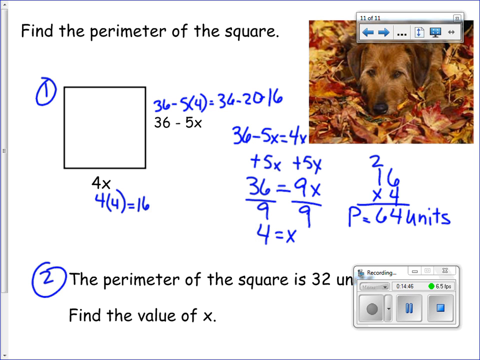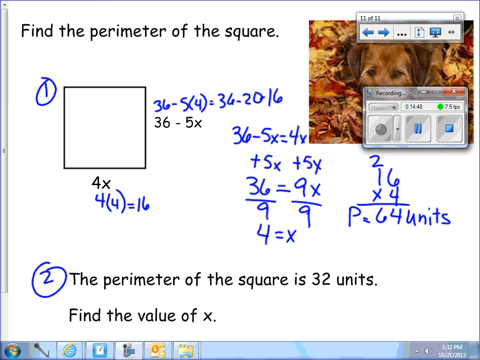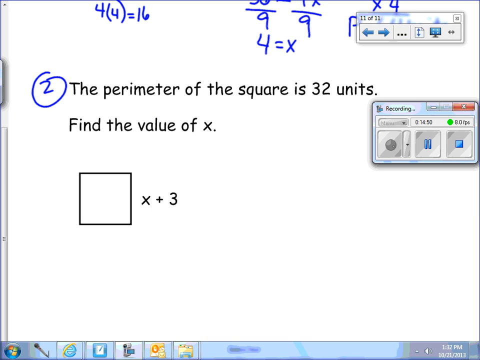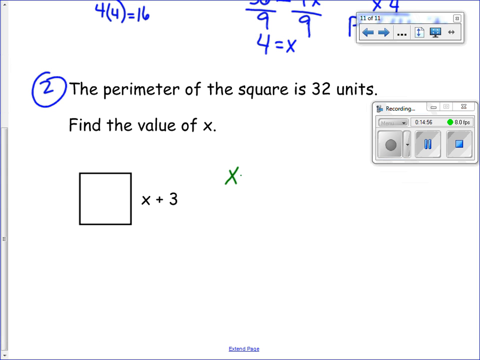Now I'm going to pause this and let you do the next one on your own. Since again, this second problem is a square, all sides are the same. So our sides are x plus 3, but there's 4 of them. And we know that it's 32 units. So we are going to simplify.